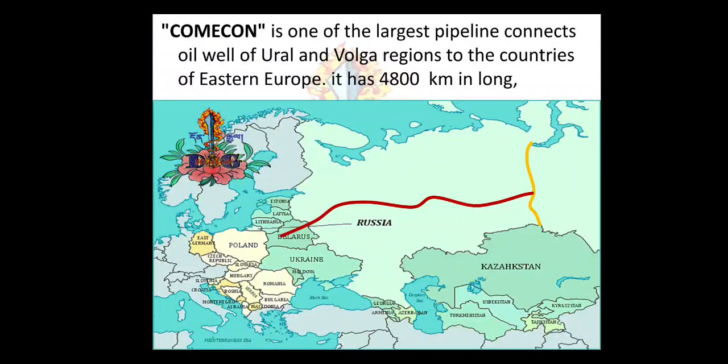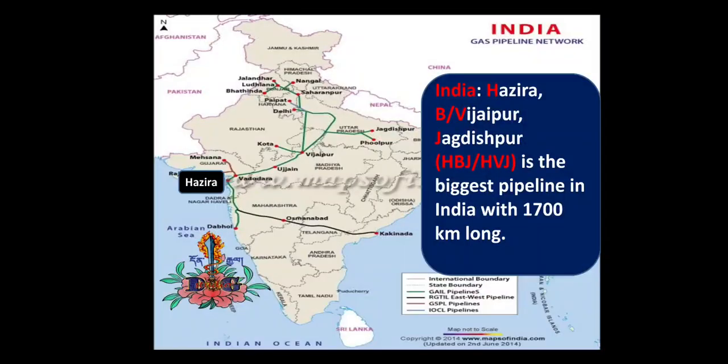These are some of the countries. Initially they were under the Soviet Union, but after 1991, because of the disintegration of the Soviet Union, they got independence. So this railway and this pipeline connect these regions of the world.